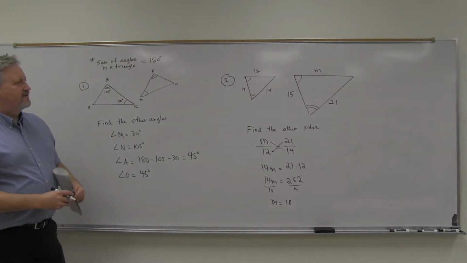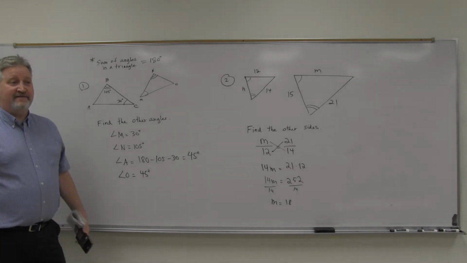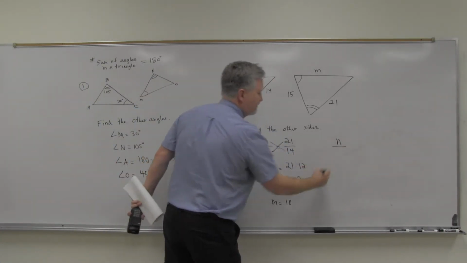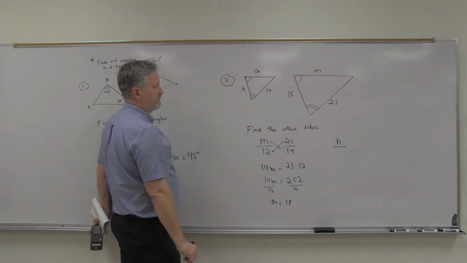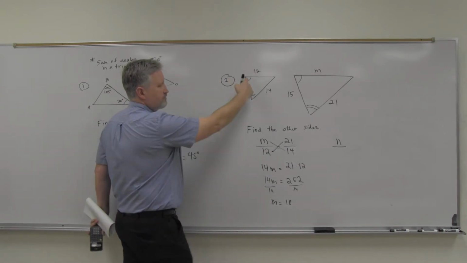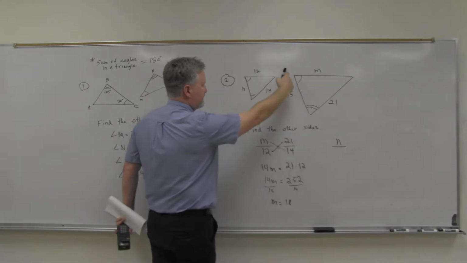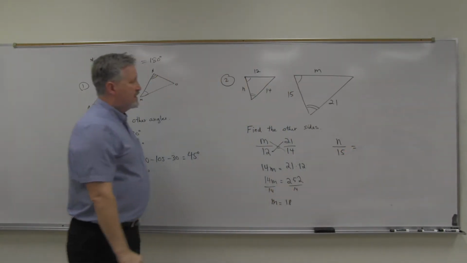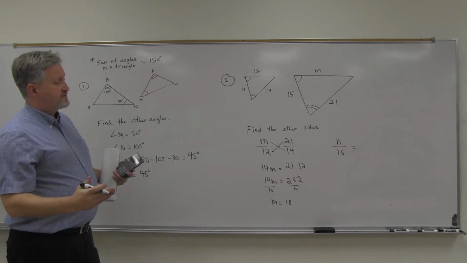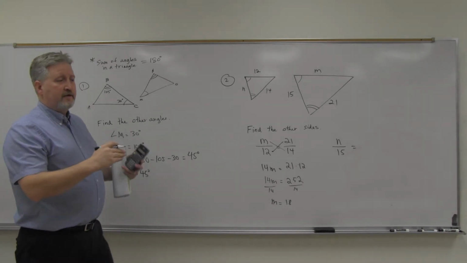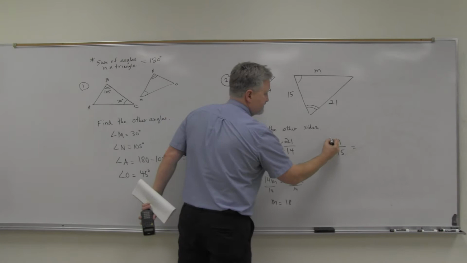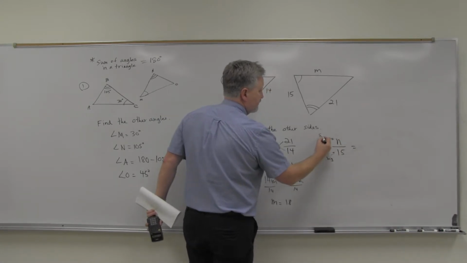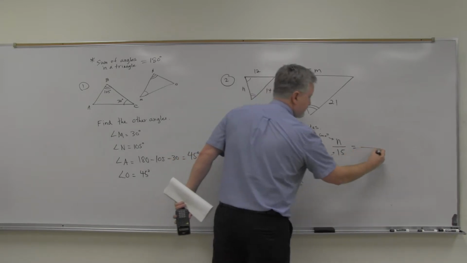Now, how would we get the N then? Well, N's on this other one, and it corresponds to which side? The N corresponds to the 15. Now, the thing on the proportion is, you want to be sure on your proportion, like if this one's from the small and this one's from the big, then over here, same thing, right?